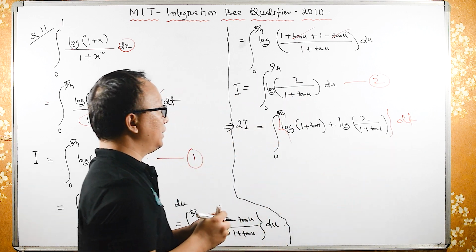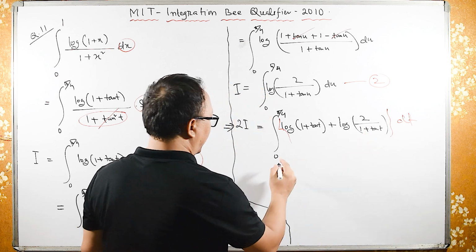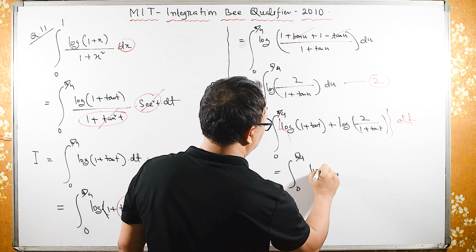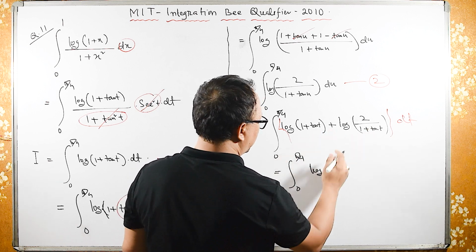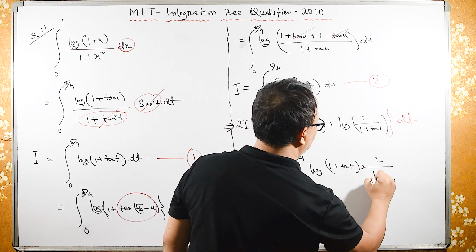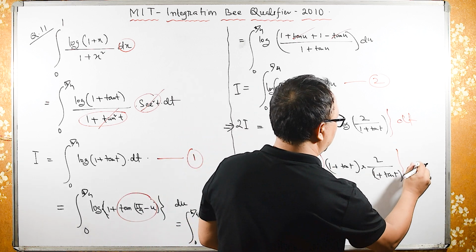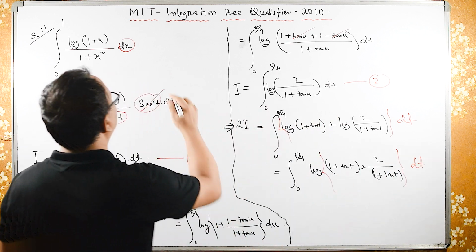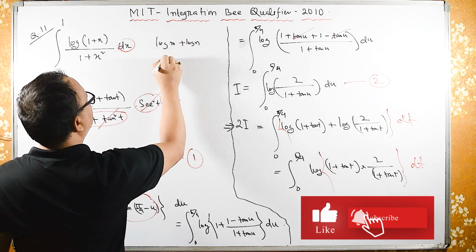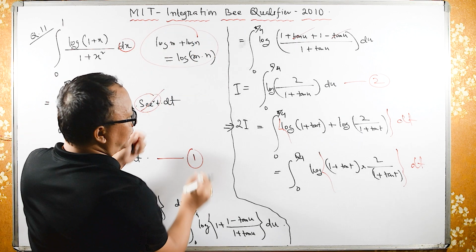And then we have the log property: log m plus log n is log of m into n. So this is the same as the integral 0 to pi by 4 of log of (1 plus tan t) into 2 upon (1 plus tan t) into dt. Why? Because we have log m plus log n equals log of m into n. So I'm using this property over here.